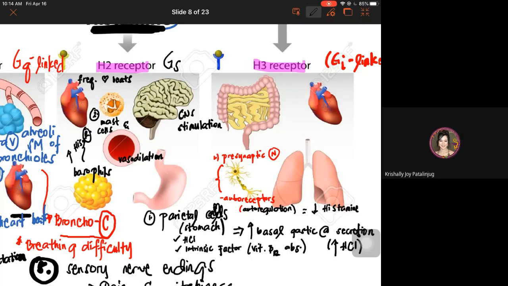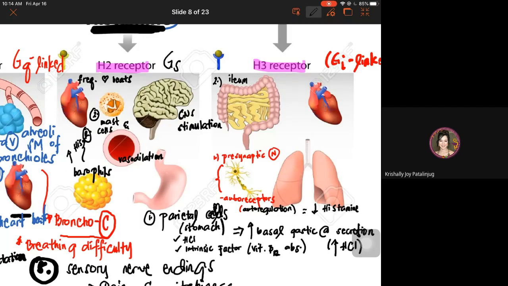You can also see in this figure the H3 receptor in the small intestine. So that's number 2. In the ileum, particularly the ileum part of the small intestine, the activation of the H3 receptor leads to decreased pressure or decreased contraction of the walls in the small intestine.